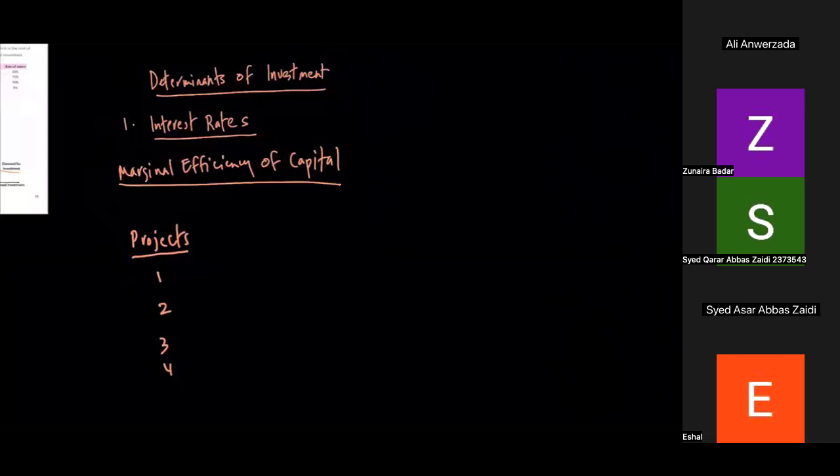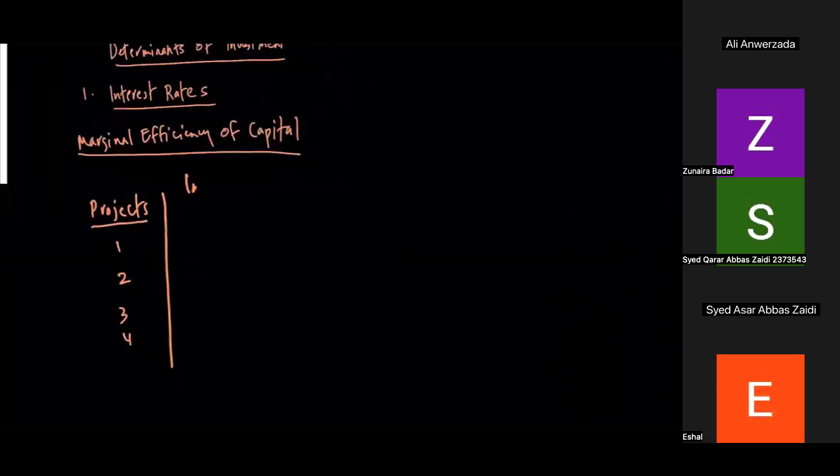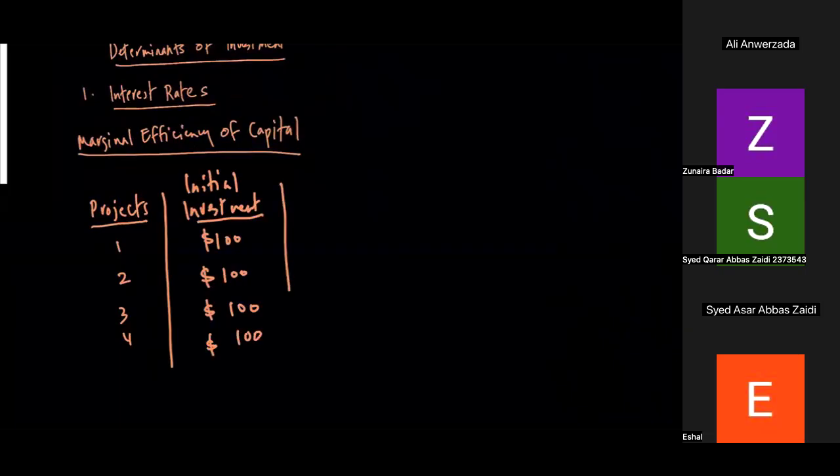For example, let's say these projects have an initial investment of $100. Let's also assume that the return from these projects is $120 from this one, $115 from this one, $110 from this one, and $105 from this one.